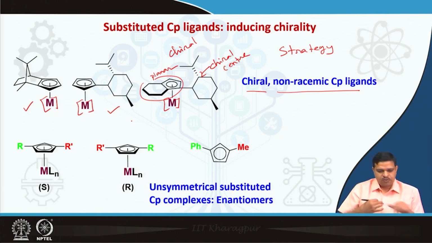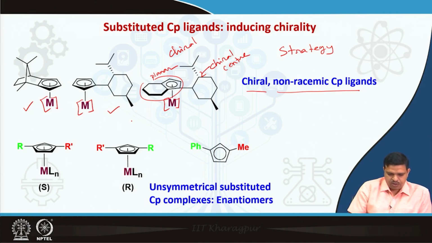and get a specific tacticity from the prochiral monomers. So, here you will see that you can make the unsymmetrical.